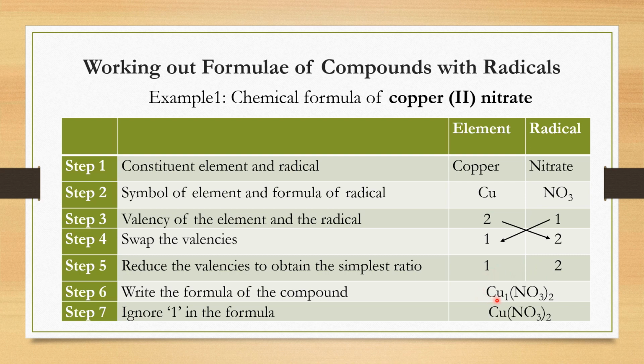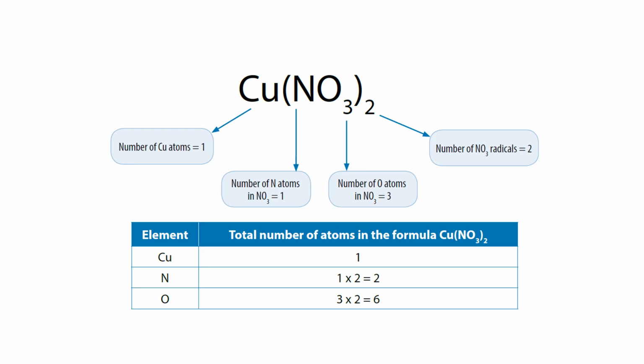Thus, the formula of copper 2 nitrate is written as Cu(NO3)2, which is read as Cu NO3 twice. As you can see, in the formula of copper 2 nitrate, the nitrate radical is placed between brackets.